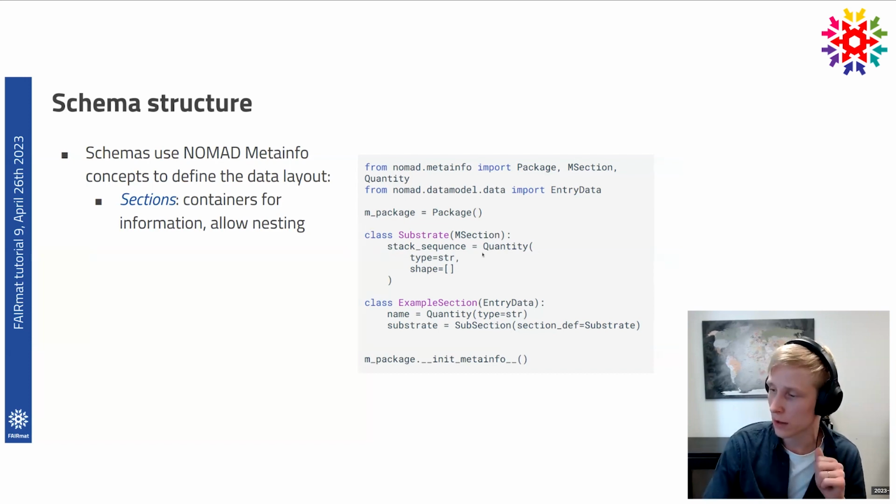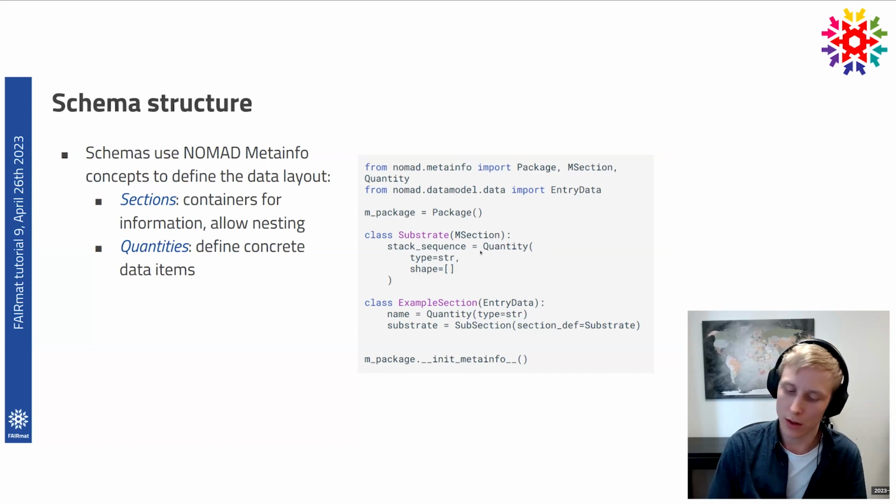Here you can see a section called substrate, which is a container for this quantity, which is an actual concrete piece of data. With sections you can introduce hierarchy into your data, and quantities are actual concrete data items like strings and floating point numbers and so on.